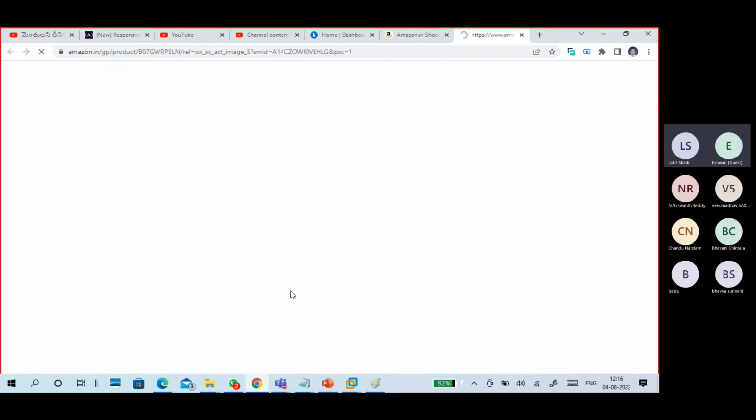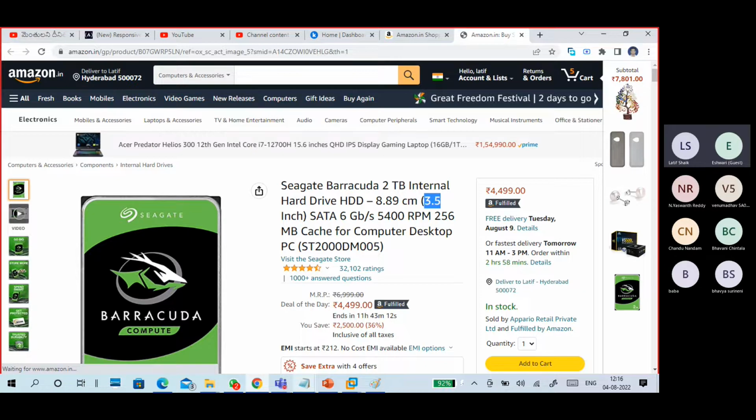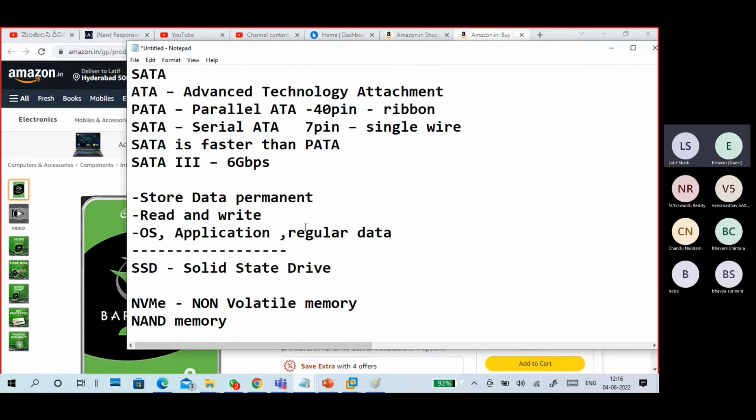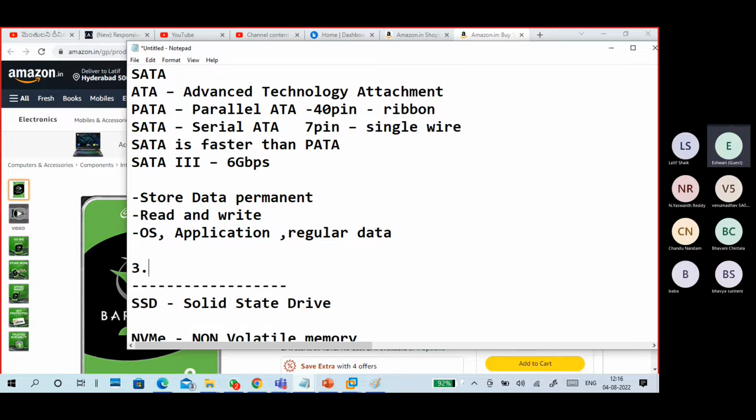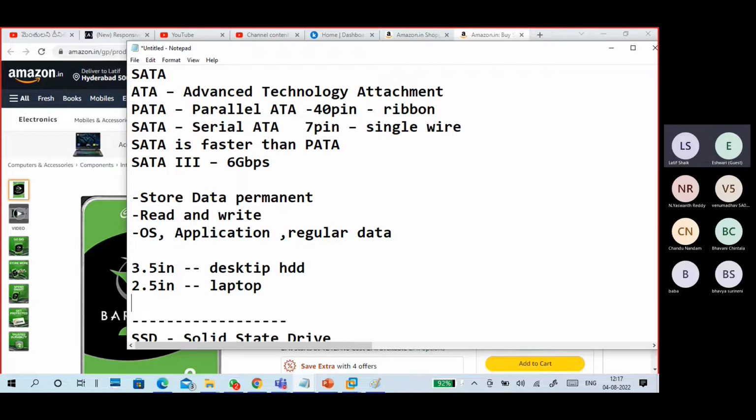So guys, this is a normal hard disk. You can see this is the desktop hard disk. Desktop means 3.5 inches. 2.5 is for a laptop or mini PCs.